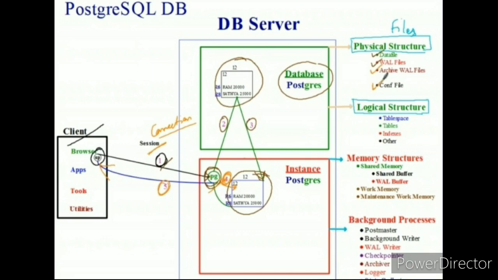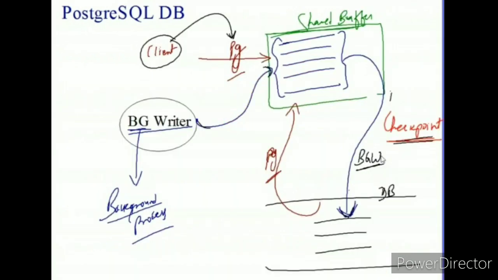The database consists of a physical structure and a logical structure. The physical structure consists of data files, WAL files, archive log files, and configuration files. The logical structure consists of tablespaces, tables, indexes, and others. In the memory structure, we already saw three things: shared memory, work memory, and maintenance work memory.